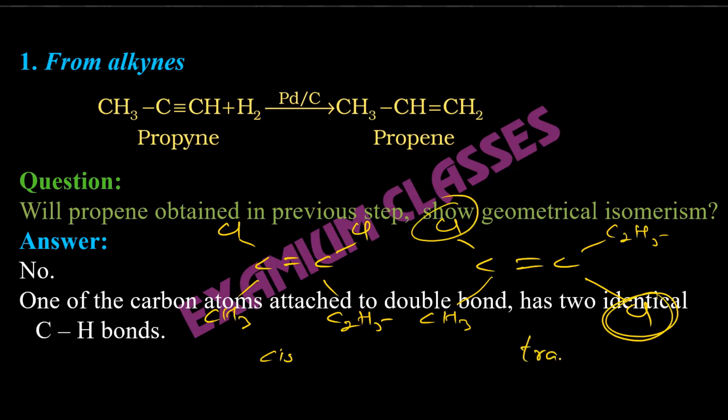This is called the trans form. So if a molecule can be written as cis and trans form, that will show geometrical isomerism. In this case, it will not be possible because this carbon has two similar hydrogens, so you can't say whether these two hydrogens will be on the opposite or same side.